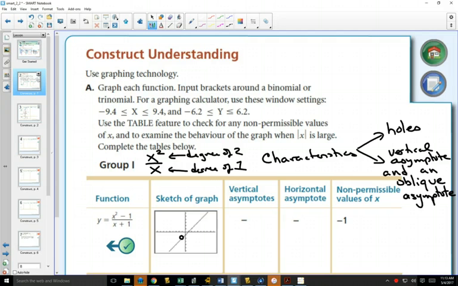So these are the patterns that come up. Either we're going to get holes in our graphs, or we're going to get vertical asymptotes and also an oblique asymptote. So the question is, how do we know if there's going to be a hole or not?